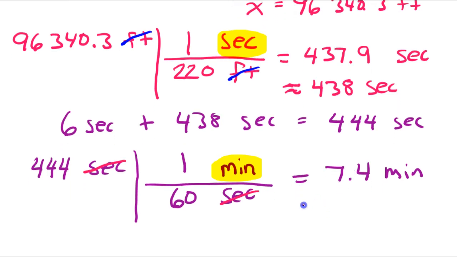They said to round to the nearest minute, and 0.4 is less than 5, so that would give us approximately 7 minutes.